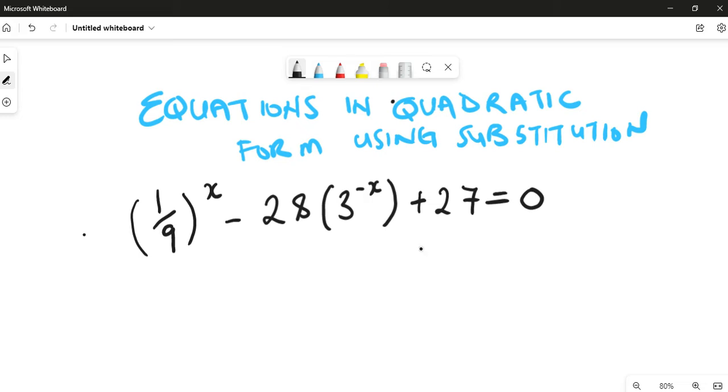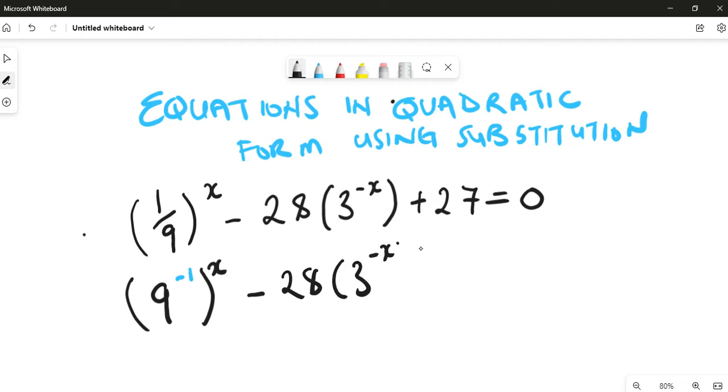So 1 over 9 is the same as 9 to the power negative 1, to the power x, minus 28 times 3 to the power negative x plus 27 equals 0.